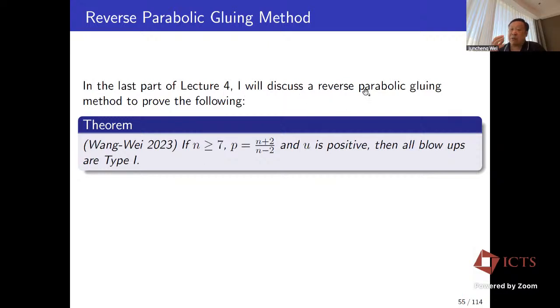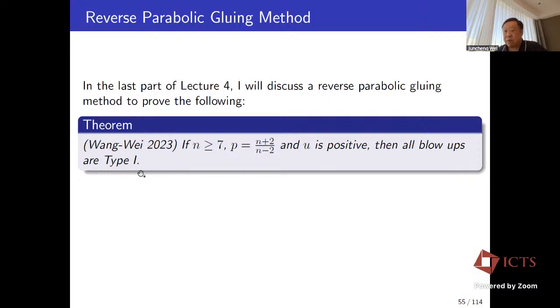In the last part of this lecture, I will discuss this reverse parabolic Gaussian. So the parabolic Gaussian is not just to construct solutions; you can use it to analyze solutions. The main theorem we want to prove is the theorem I mentioned for n greater than 7, when p is critical and u is positive. We don't have any energy restriction for u, and we prove that all blowups are type 1.